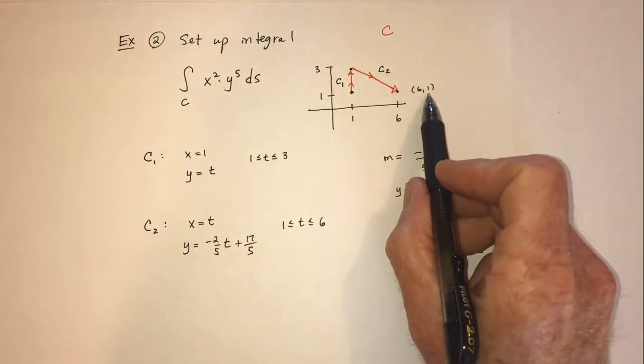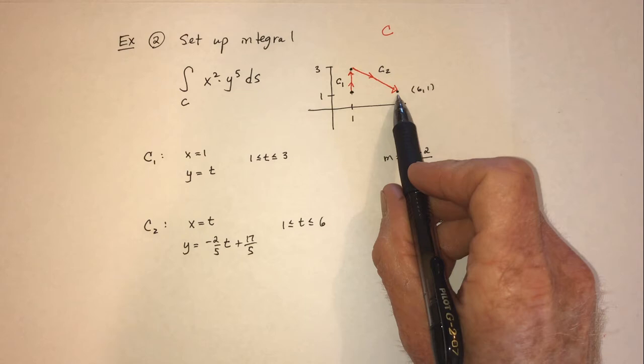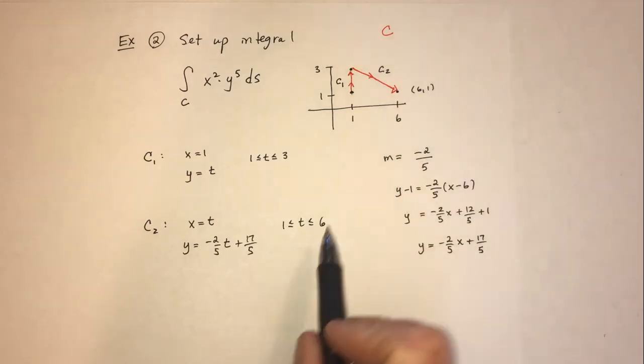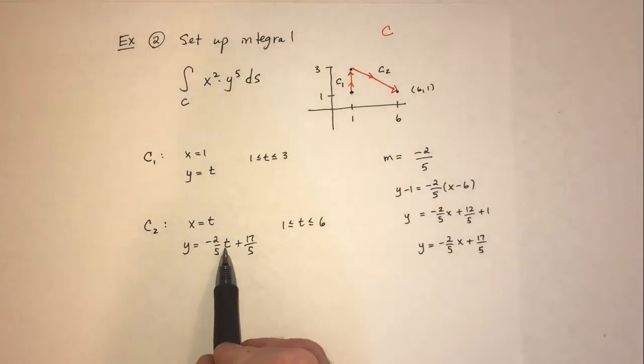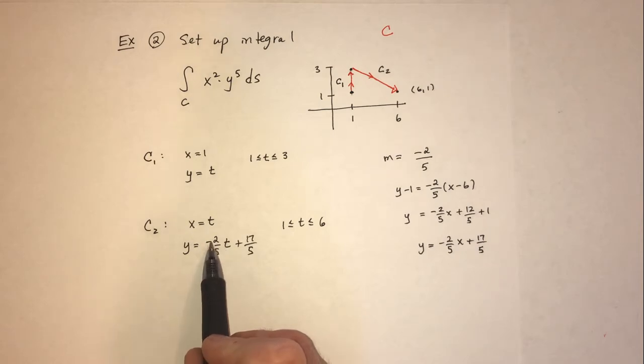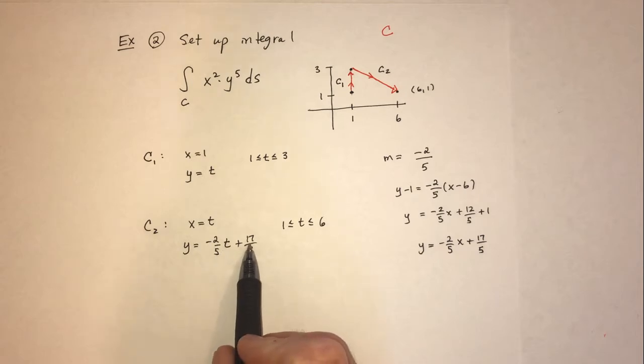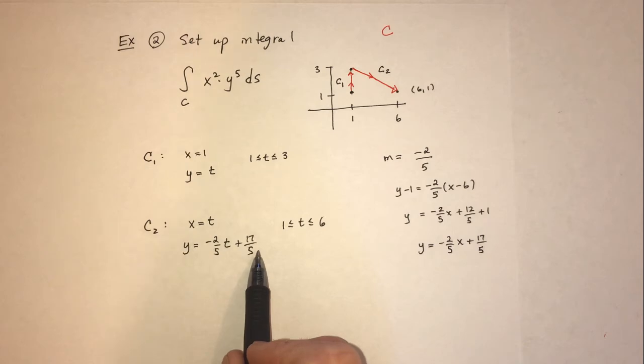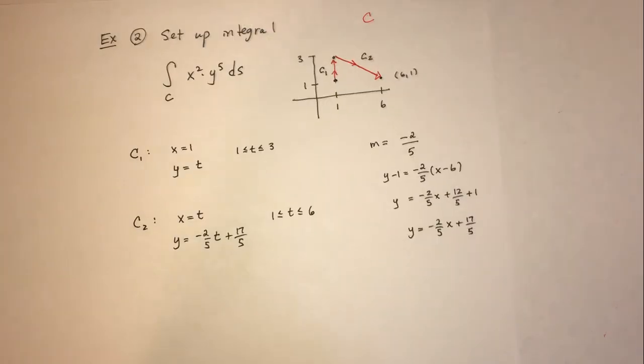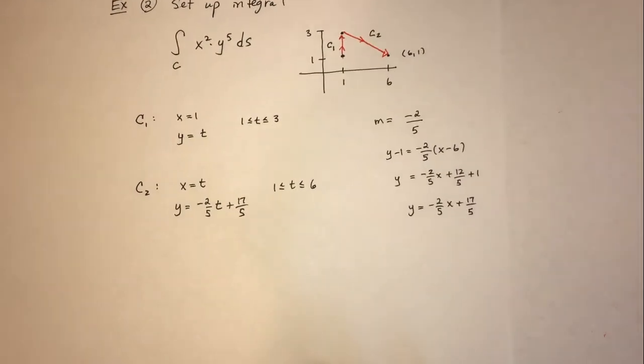Now I want to make sure that it works, because at this point the y value should equal 1. So if I plug in a 6 right here, I should get y equals 1. If you plug in a 6, this will be negative 12 fifths, and then plus 17, negative 12 plus 17, that's going to be 5 fifths, which is 1. Okay, now that part's set up.